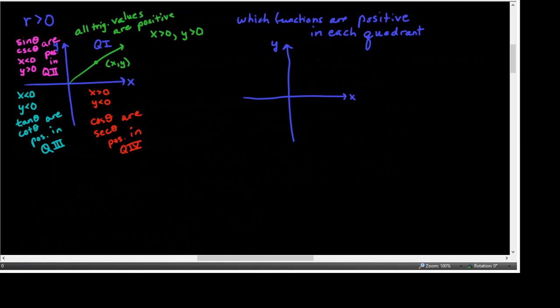So in the first quadrant, they're all positive. All 6 of them are positive. In the second quadrant, it's sine and its reciprocal. So I'm going to write S because that's the major function, and you'll just have to remember that its reciprocal does what it does. So tangent in this one and cotangent, and in this one cosine and secant.